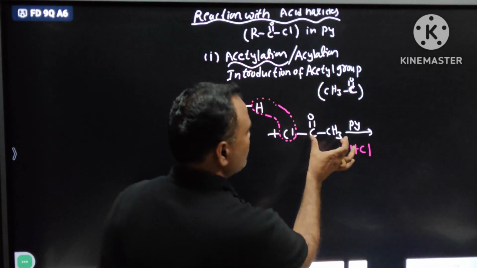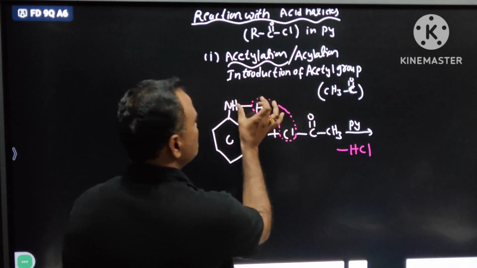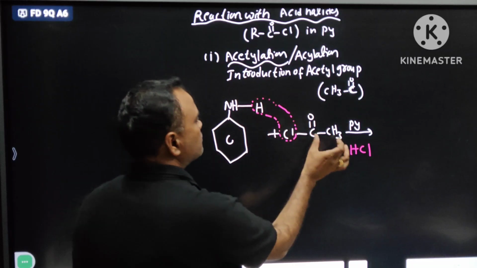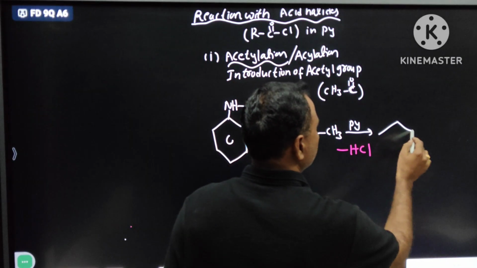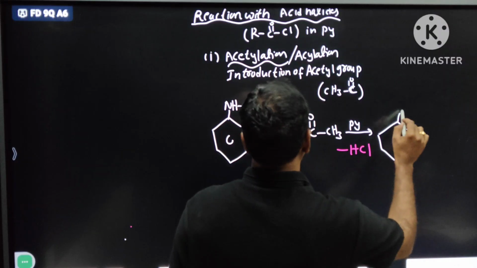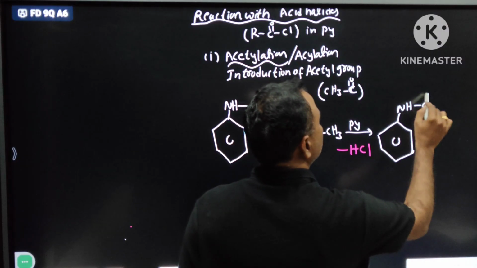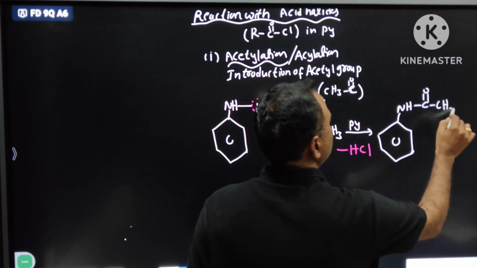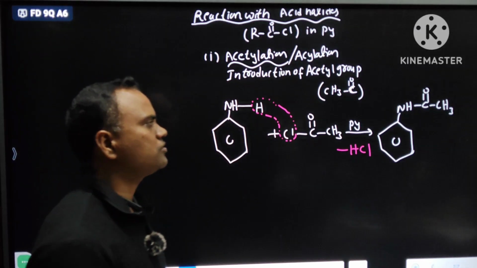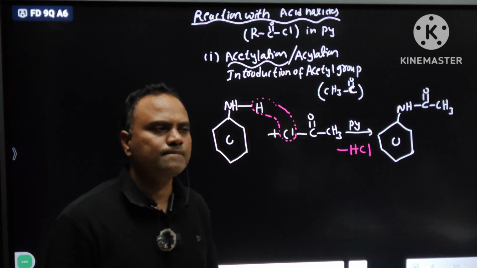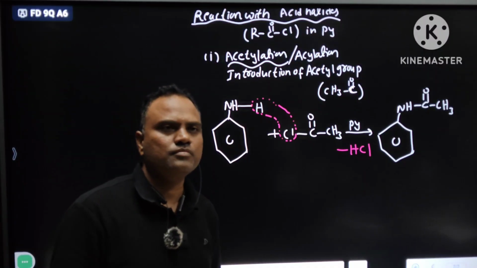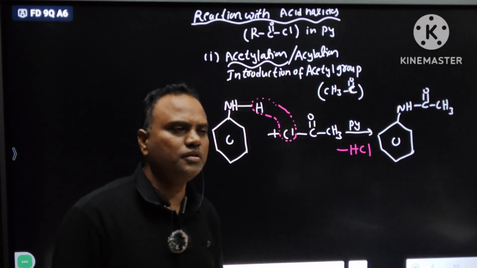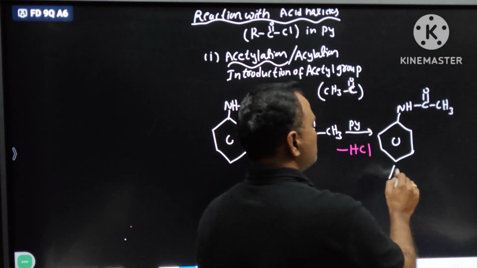See this, C double bond attaches to nitrogen: NH C double bond to CH3. What is its name? Which functional group is this? Amide, CONH2 amide.